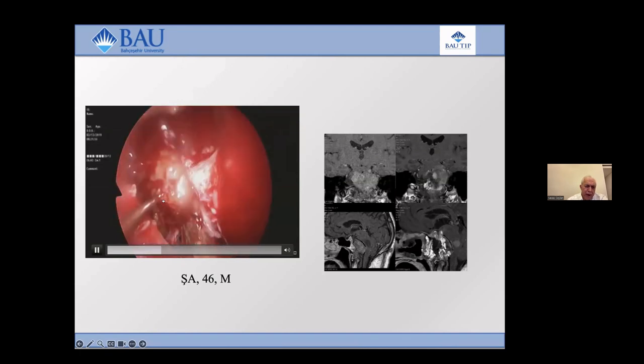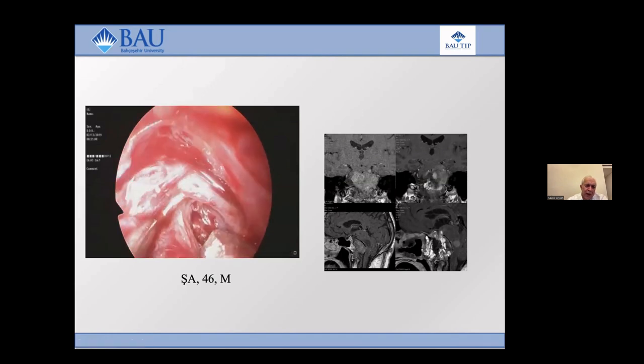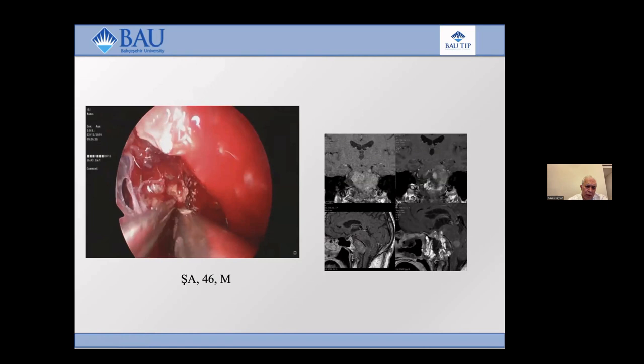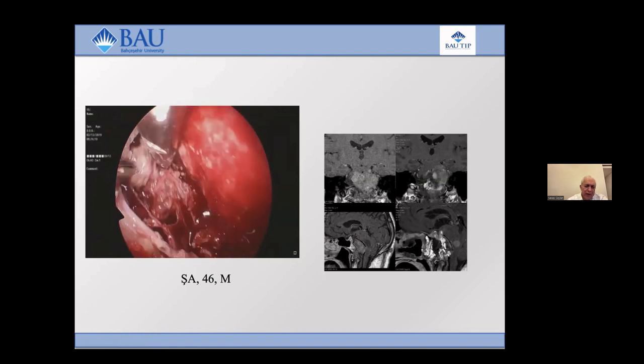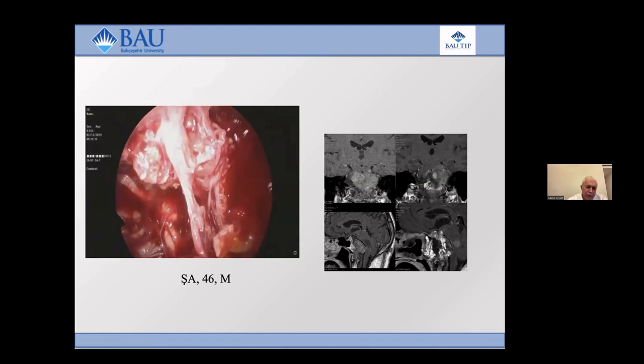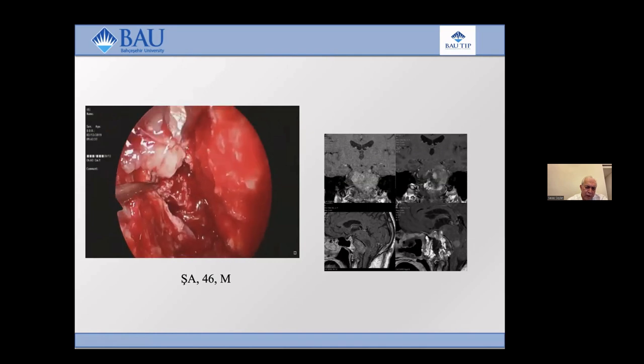This adherent tumor was firstly dissected from the right side of the pons and medulla, dissected and resected, and we explore the lower medulla, and you see the lower cranial nerves.